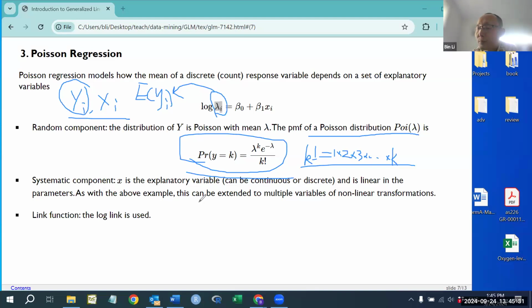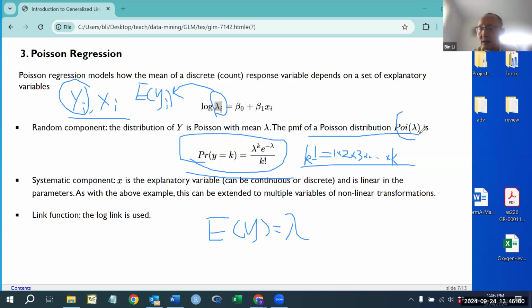For the Poisson distribution, there is a very special property. Based on this PMF, we can show that the expected value of y equals lambda, where lambda is the parameter of the Poisson distribution.